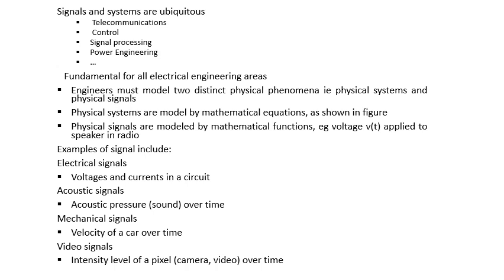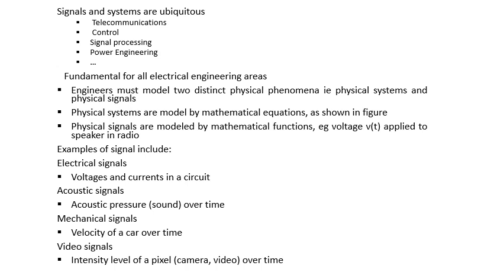So in nature, signals exist in different forms. Examples of the signal include electrical signal. In electrical signal, mainly we have voltages and currents in a circuit. Similarly, the acoustic signal, which is acoustic pressure such as sound wave, over time.